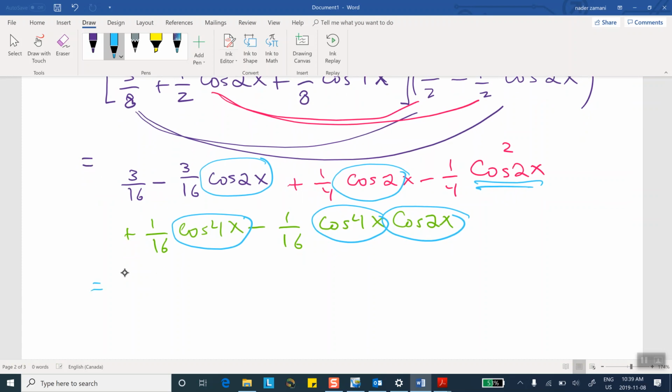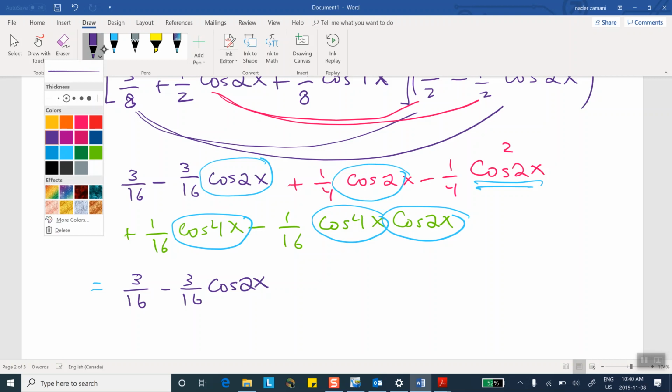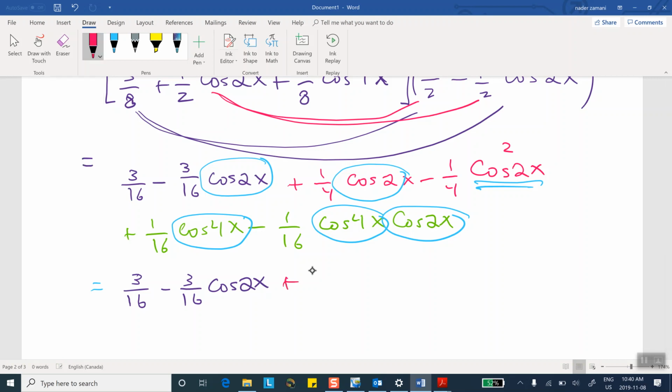So this is equal to, let me use the same color so that you can see what I've done. 3 over 16 minus 3 over 16 cosine of 2x. I didn't do anything with these two, or with the rest. The next one: plus 1 over 4 cosine of 2x minus 1 over 4.